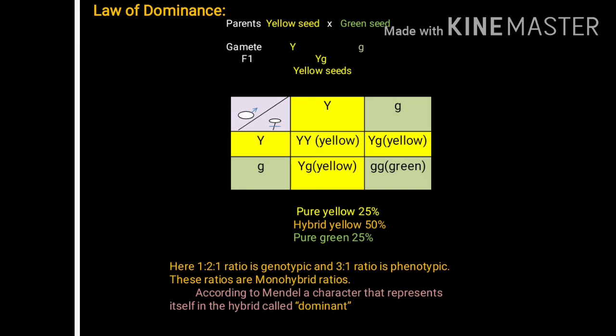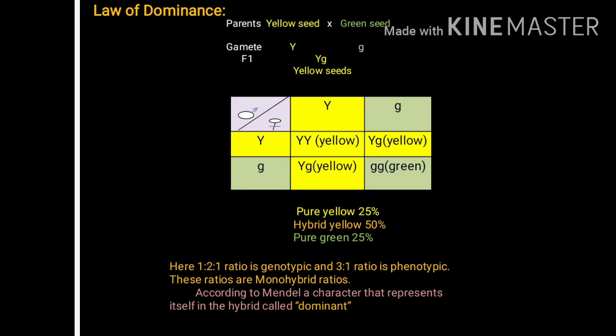While you observe the checkerboard, there are two gametes, capital Y and small y, of the other parent, and when we make the cross, there are four possibilities.